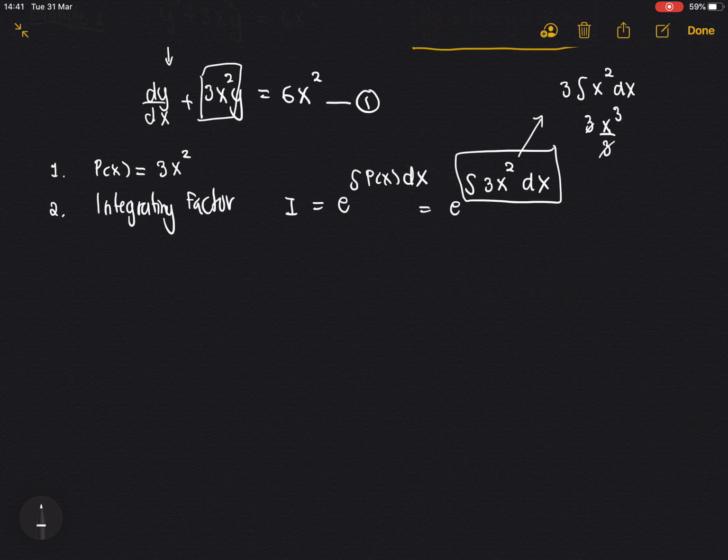If you cancel this 3 and this 3, you will end up with x cubed. Therefore, the integrating factor is e to the power of x³.